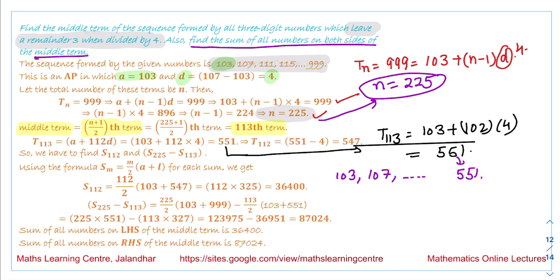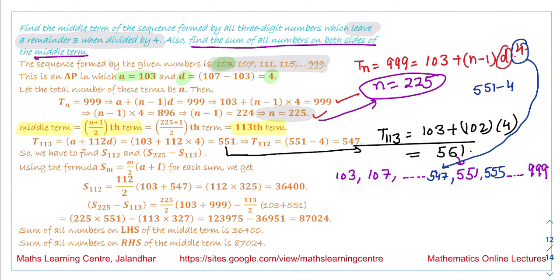Then the numbers continue up to 999. The number just preceding this one, with common difference 4, is 551 minus 4, that is 547, and the number after this will be 555.